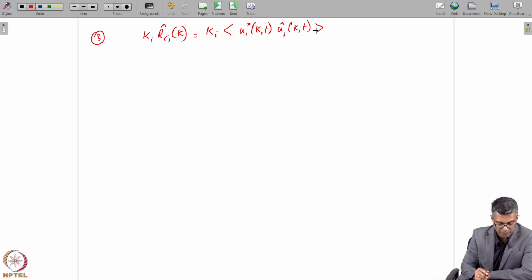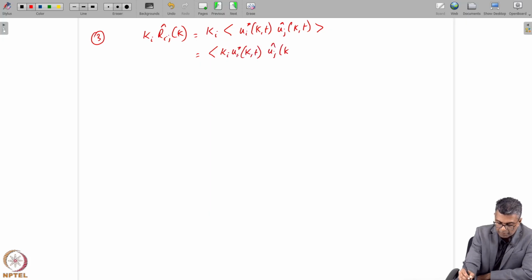Covariance close. If I take kappa i inside, what I have is kappa i Ui star of kappa comma t, and then Uj hat of kappa comma t. Now this is the conjugate, so this becomes kappa i of Ui hat of minus kappa comma t, by definition of the conjugate, and then Uj hat of kappa comma t.